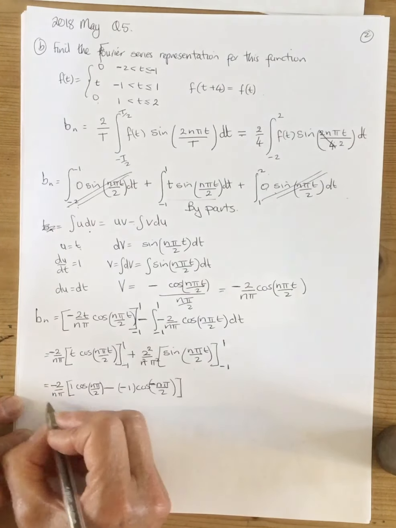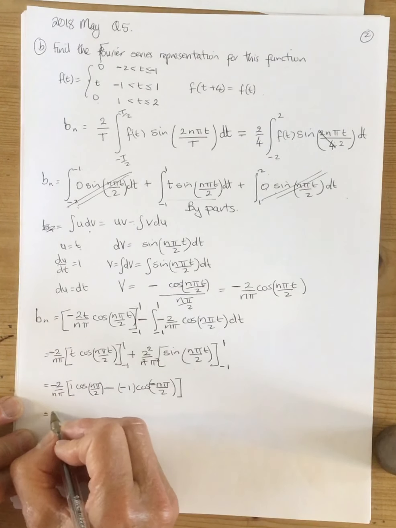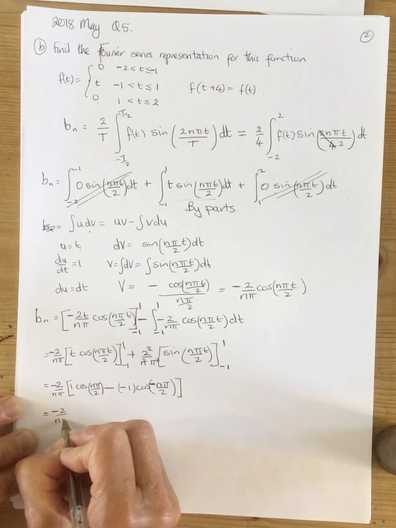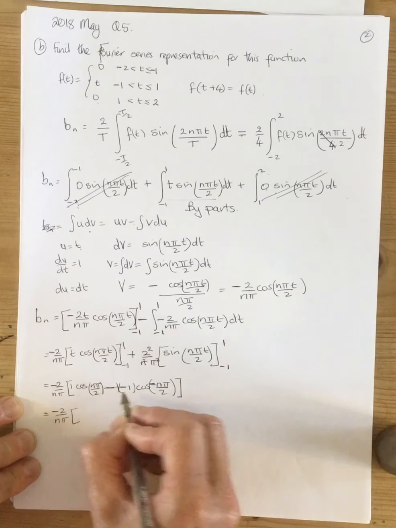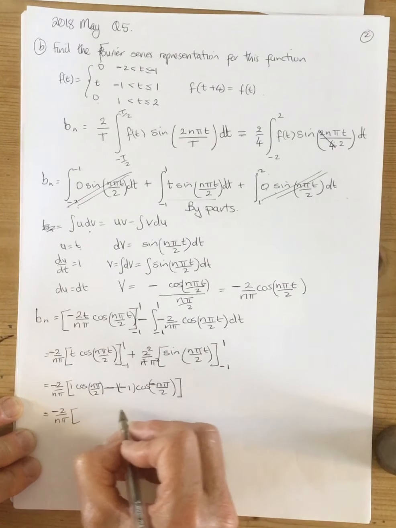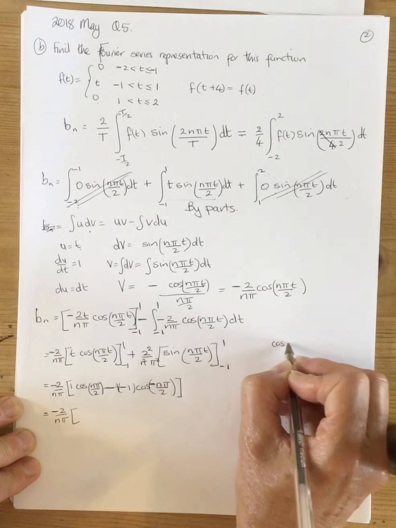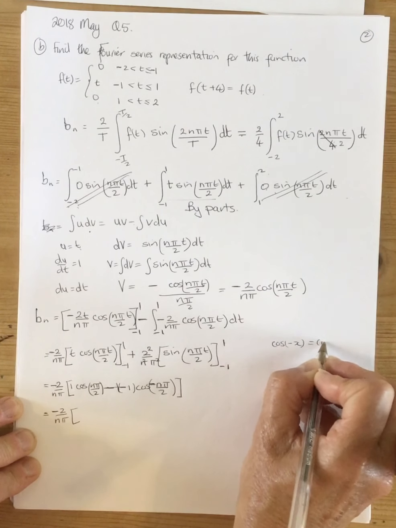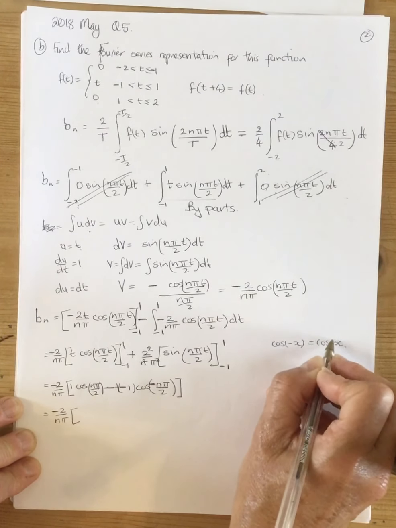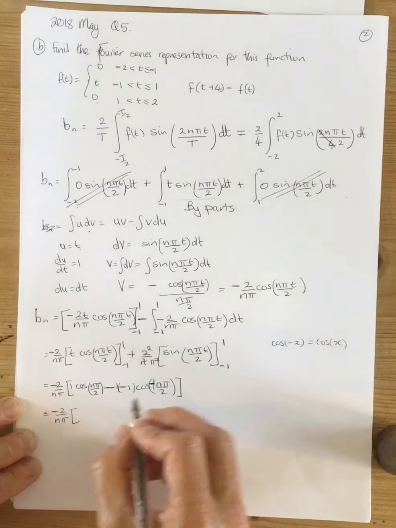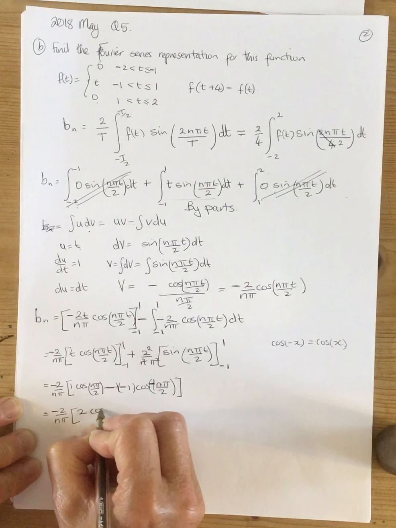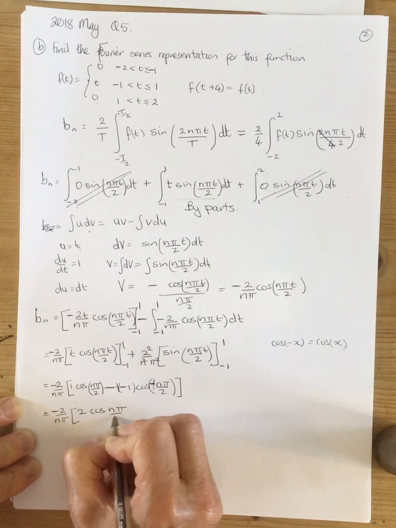So I could tidy that up a bit, leave the minus 2 over n pi out here. The minus times the minus will become a plus. And cosine of minus x is the same as cosine x, so it doesn't matter if it's minus or not, I can just drop that minus. And I now have 2 cosine n pi over 2.